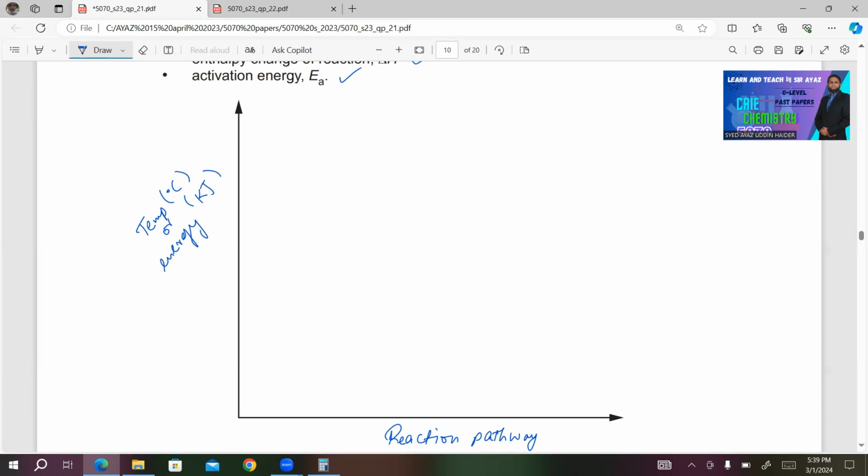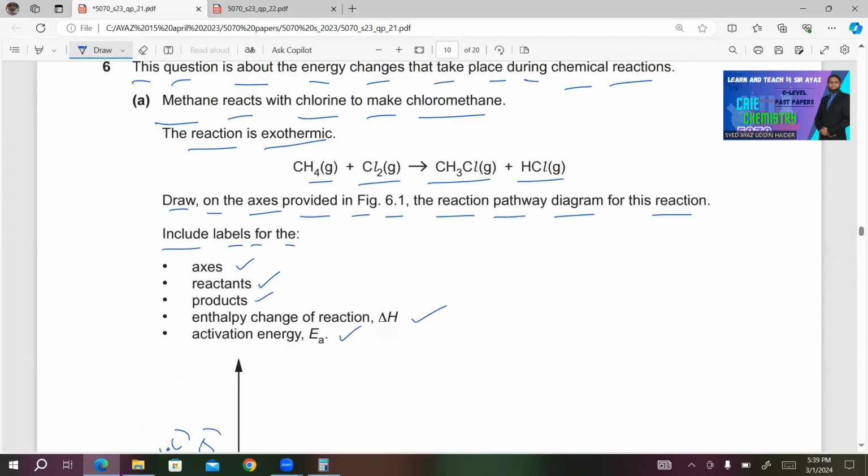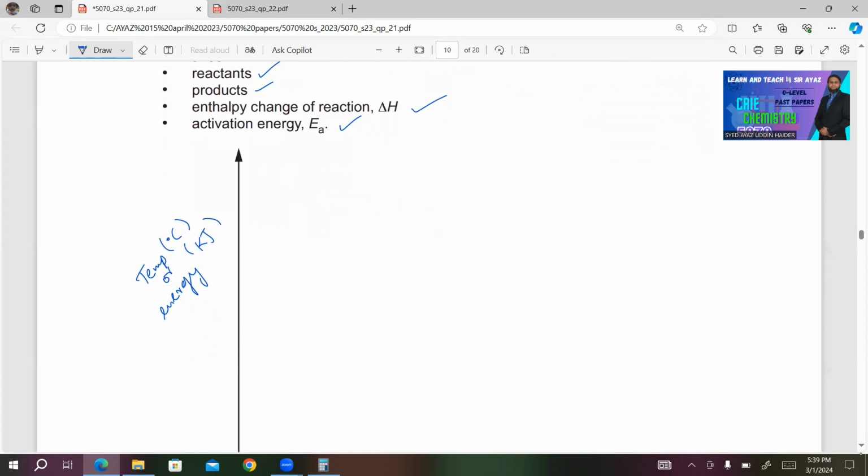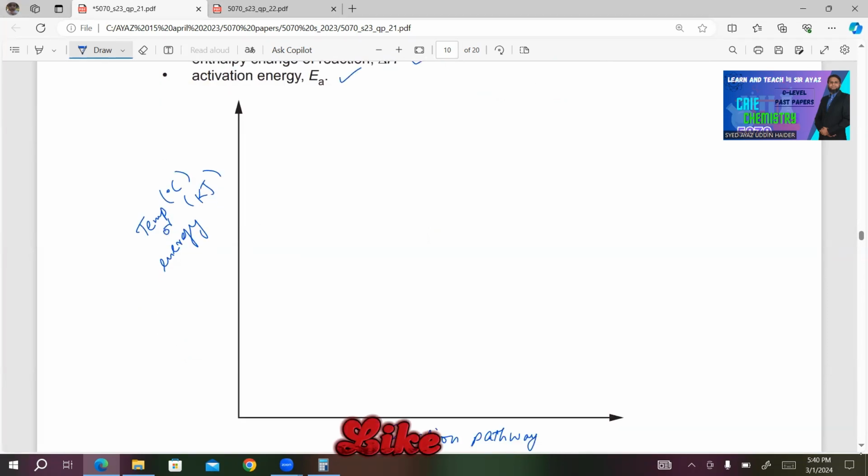Now the reaction is exothermic. Remember, in exothermic, the product will be at the lower energy state than the reactants. So if we have reactant on the left hand side, this will be the product. What are the reactants?